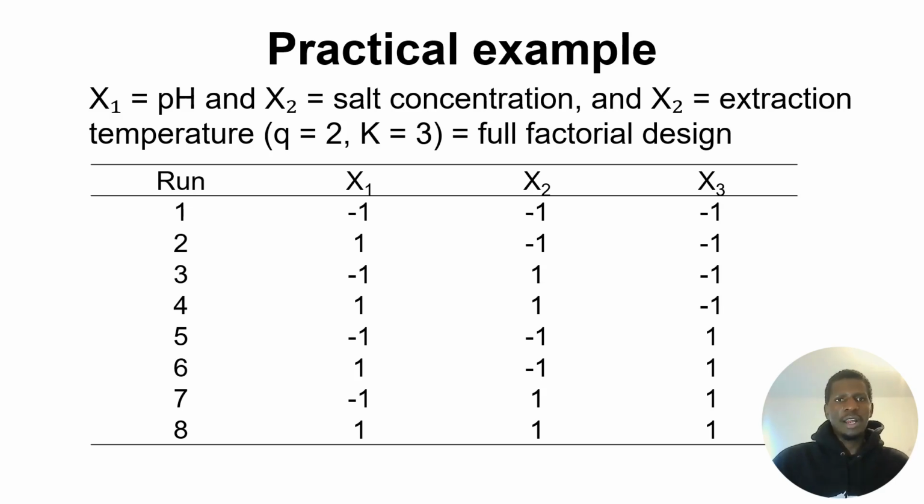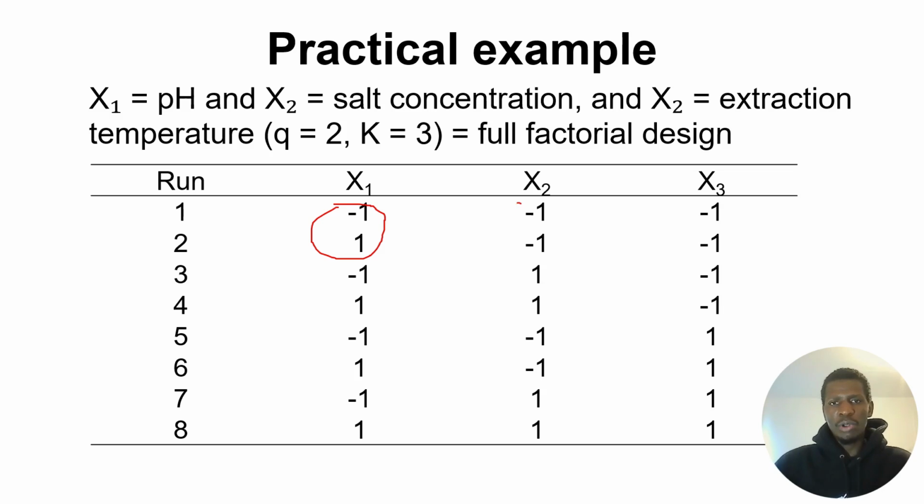Let's consider this practical example. It is the protein extraction process where we are considering the pH, the solute concentration, and the extraction temperature as the factors. In a typical full factorial design with these 3 factors at 2 levels, we are having 8 experiments and you alternate -1, 1, right up to the 8th experiment.